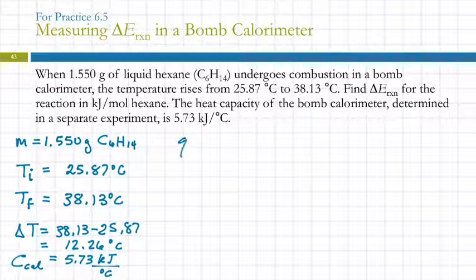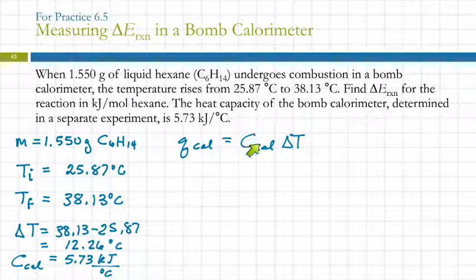So Q-cal is going to equal C-cal times delta T. It's not MC delta T because this calorimeter constant includes the mass and the specific heat capacity of the calorimeter.